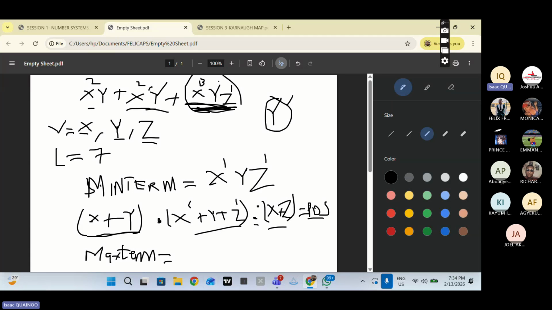What is the set of all unique variables in our expression? We have x, y, and z, right? So to find our max term, we circle out this particular term as the max term of this expression. So that is the min term, and that is our max term.